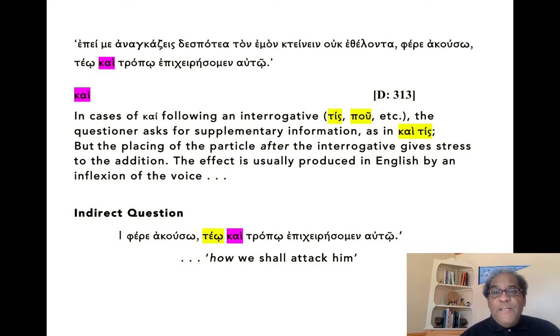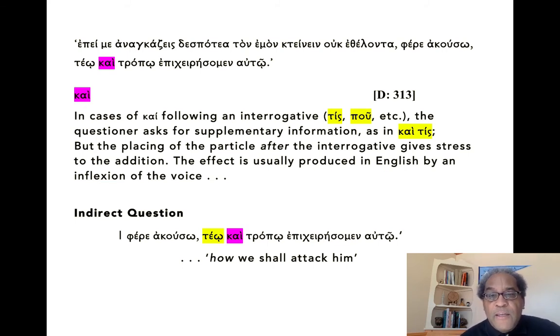Denniston tells us, page 313, in cases of kai following an interrogative, the questioner asks for supplementary information, as in kai tis, but the placing of the particle after the interrogative gives stress to the addition.